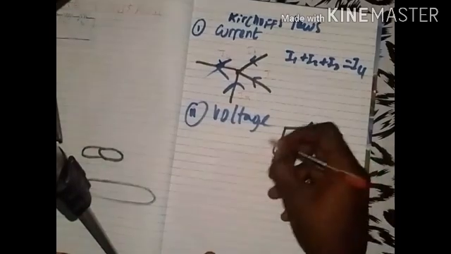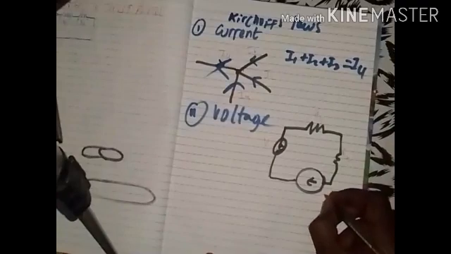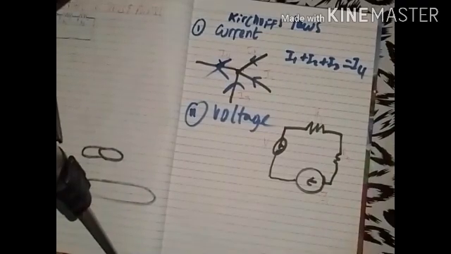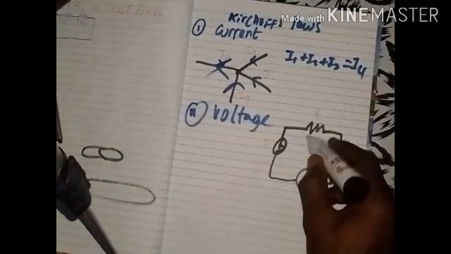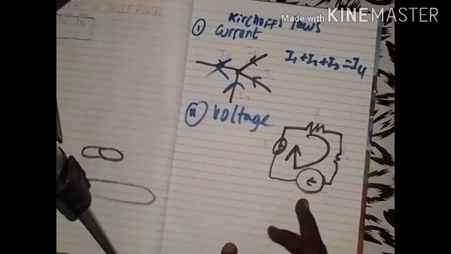So we have a certain V, R1, R2, and a certain I1 here. Now, in this loop, we can choose the direction clockwise or anti-clockwise, but let's go clockwise. Kirchhoff voltage law states that the sum of the voltages in this circuit is equal to 0.